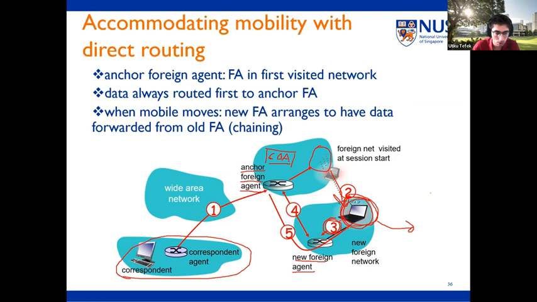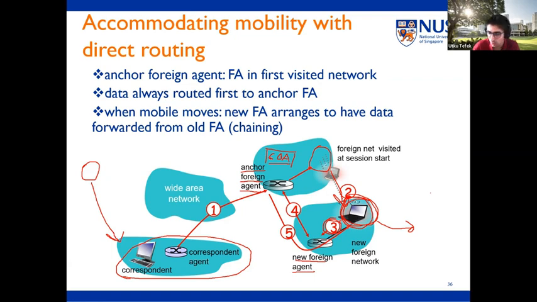So who becomes the anchor foreign agent? It is the first foreign agent visited by the mobile, but it is also the foreign agent whose COA is provided to the correspondent. So remember, there is this home agent here. It provides the correspondent with the COA. So that COA is the COA of the anchor foreign agent.